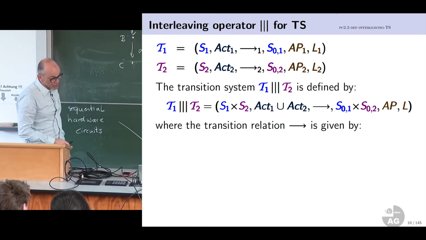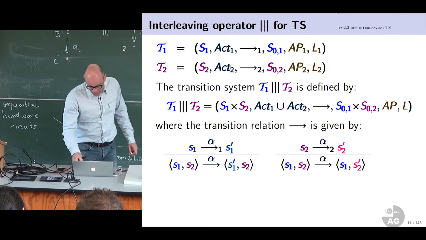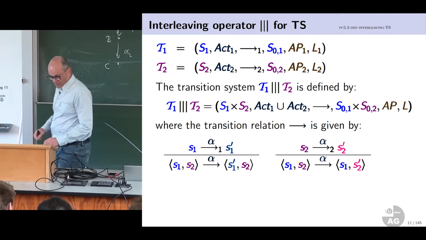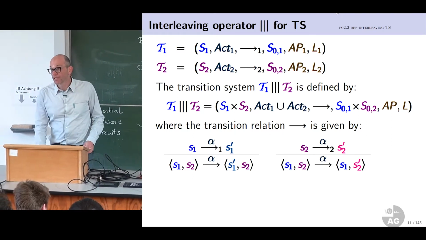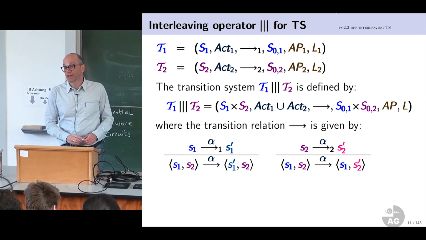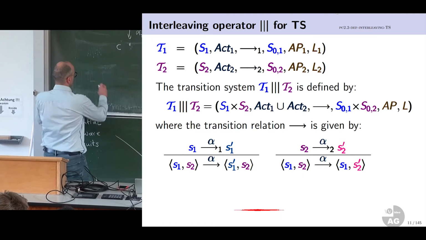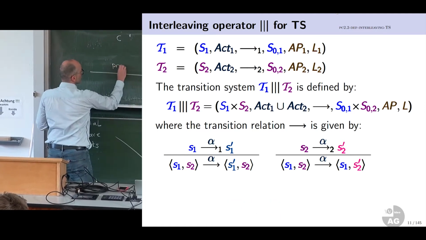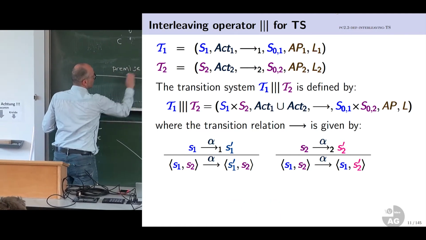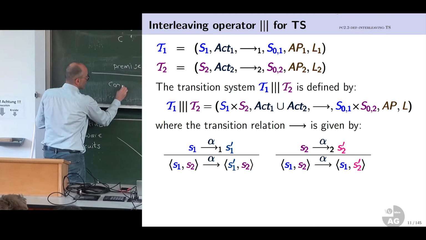And we have a transition relation here. And this transition relation is given as follows. And this follows the same pattern as we have seen in the previous lecture. Remember that we have those rules that say, okay, there is a premise. And if the premise holds, then we can draw the conclusion.